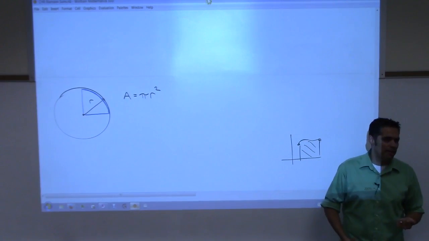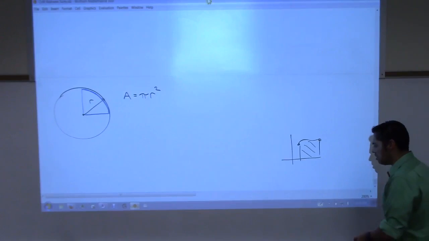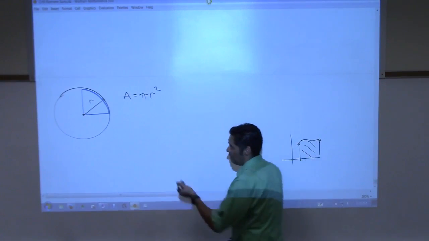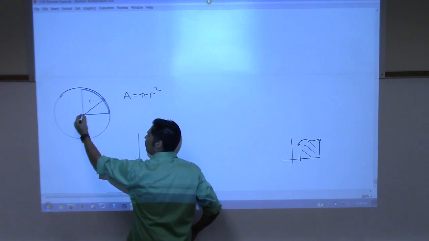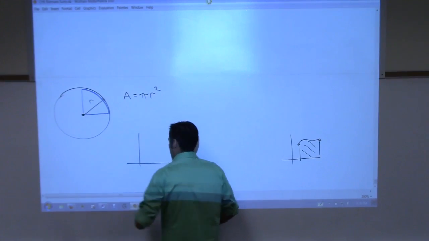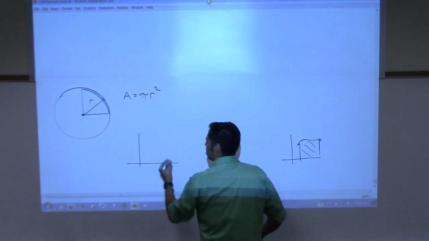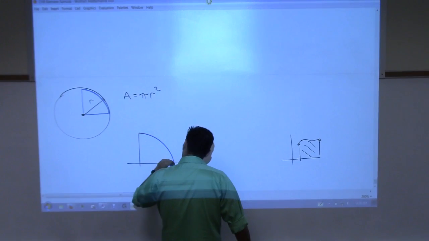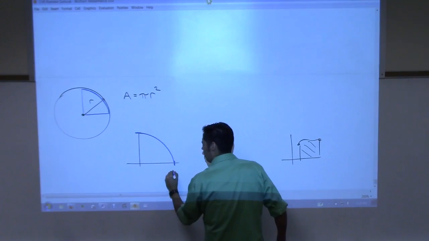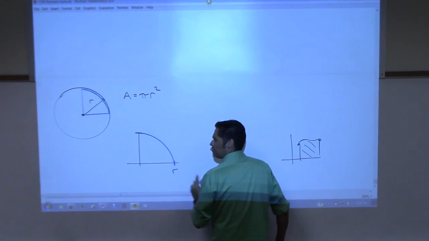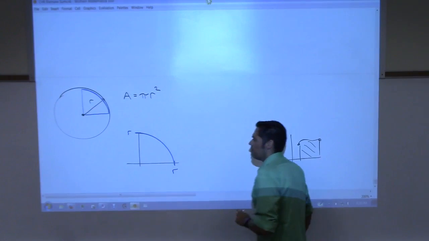Would you all agree we would have it? But what you need to do is actually come up with a way of representing that curve. So think about this. We've oriented, like this is the origin, x-axis, y-axis, and we have an arc of a circle that comes through like this. And of course, where does it hit here and here? It hits at r, doesn't it? Because that's the radius. Hits up here at r also.